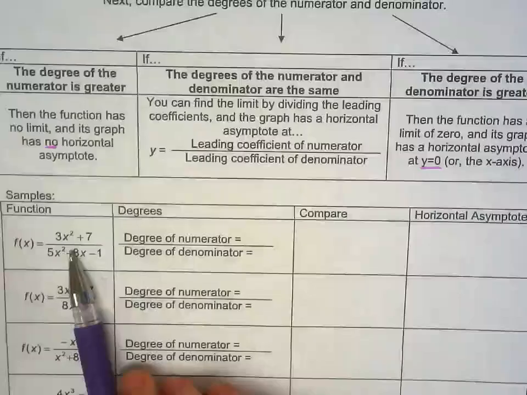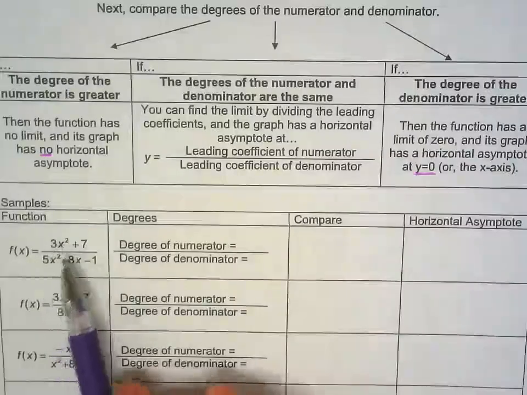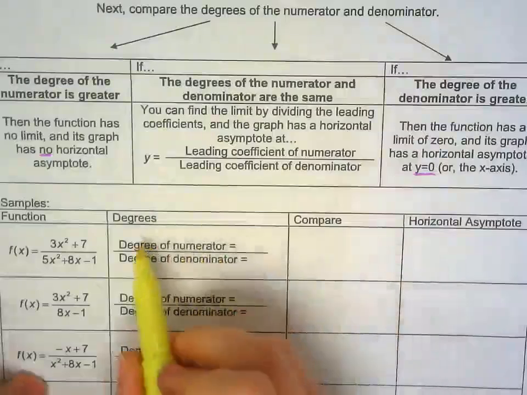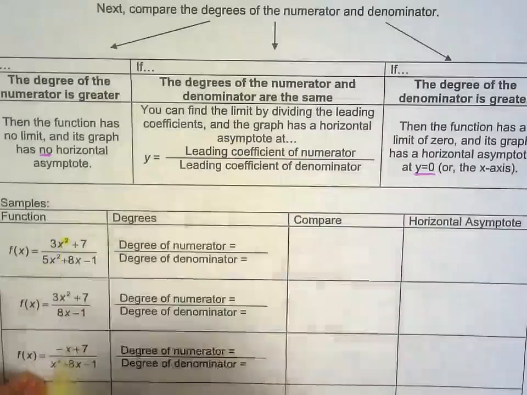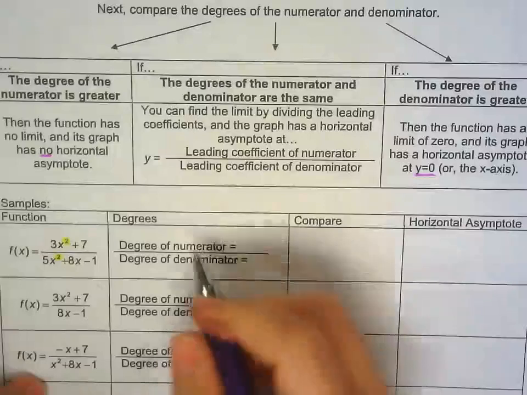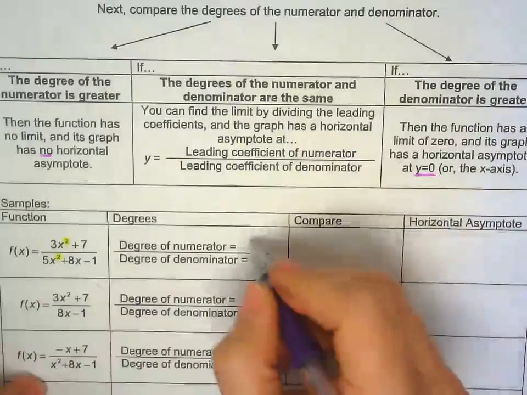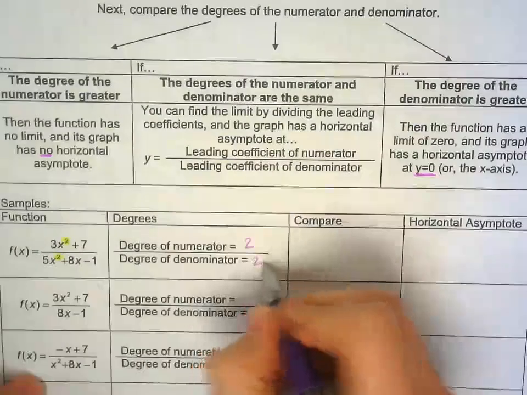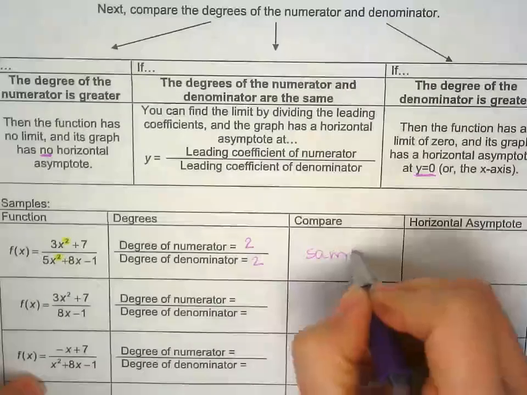Okay, so a few examples. We have this function right here. So you know we're going to have to compare the degree of the numerator and the denominator. So look at the highest exponent right there, highest exponent right there. The degree of the numerator is 2. The degree of the denominator is also 2. When you compare them, they're the same.